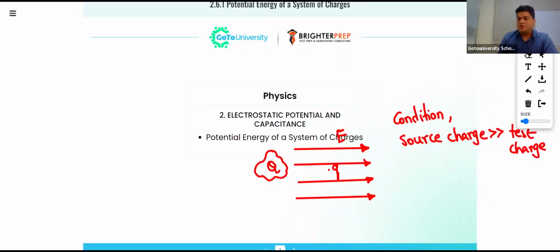Source charge should be greater than test charge, and we know that to find potential energy we have to find the work done.